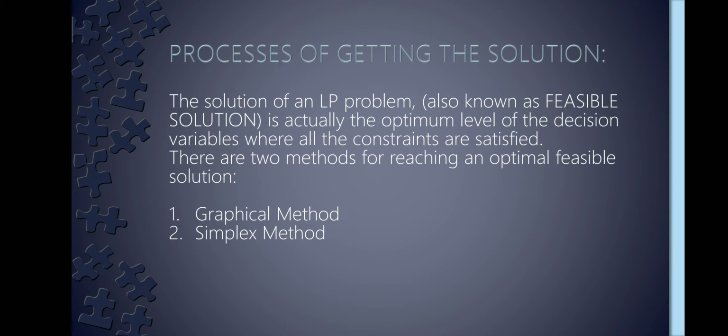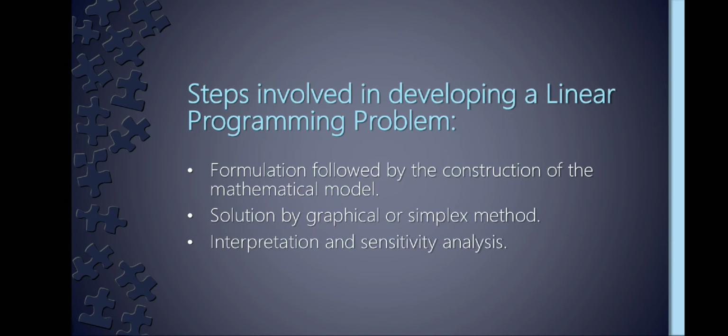The solution of a linear programming problem, also known as the feasible solution, is the optimum level of the decision variables where all the constraints are satisfied. We use the graphical method and the simplex method for the calculation of linear programs.